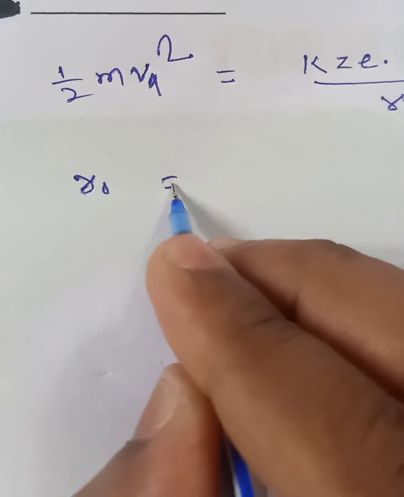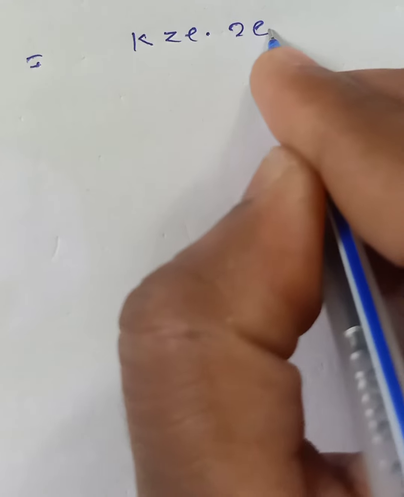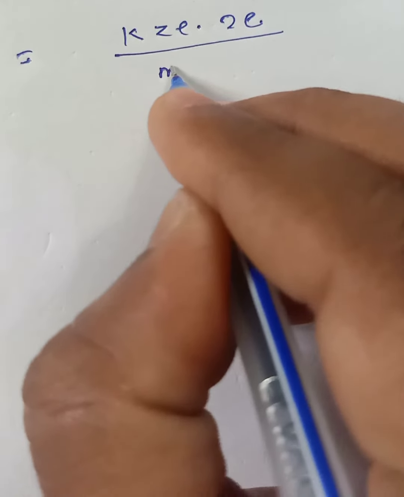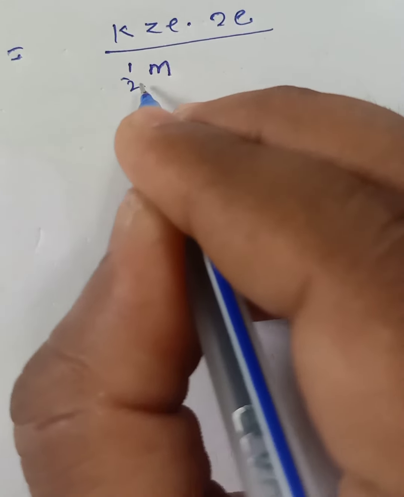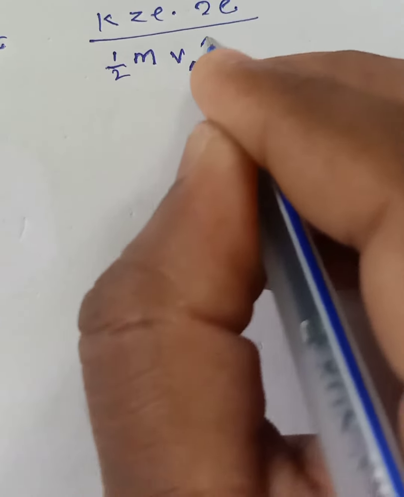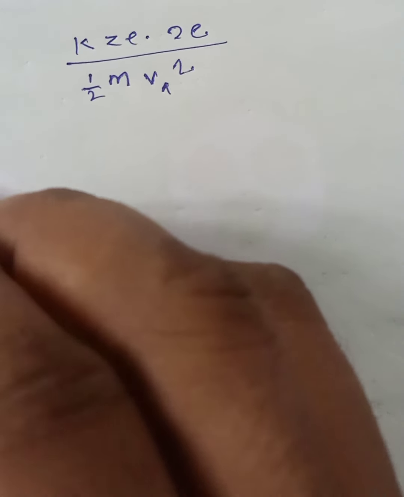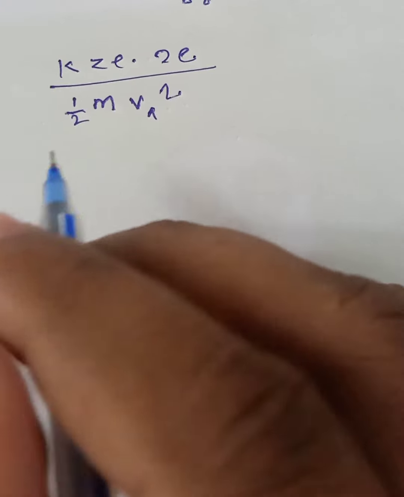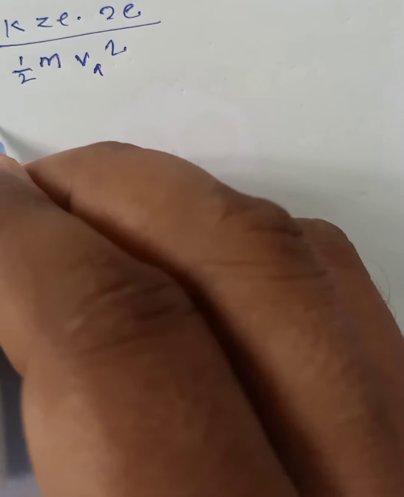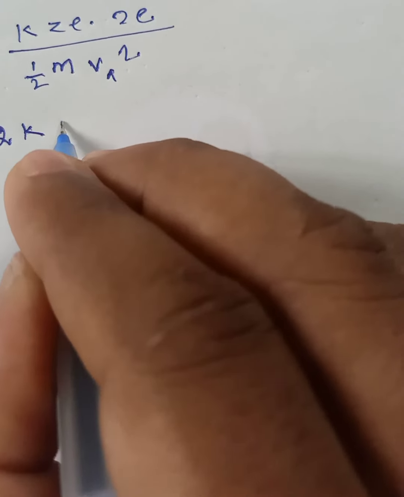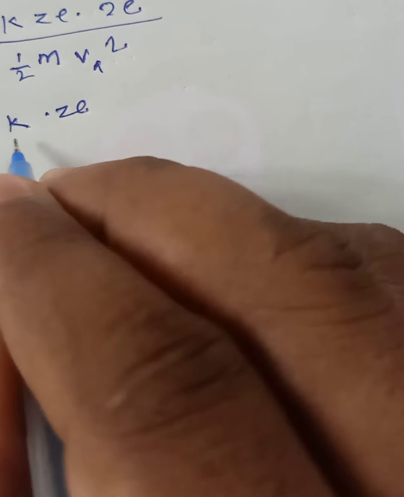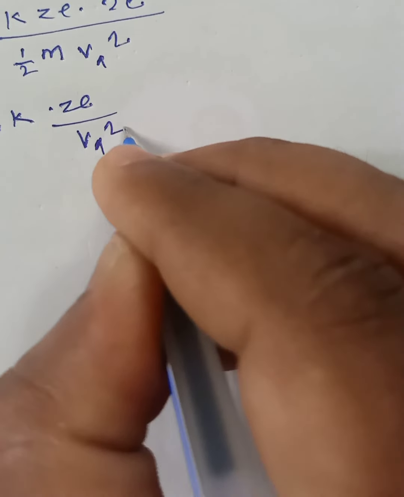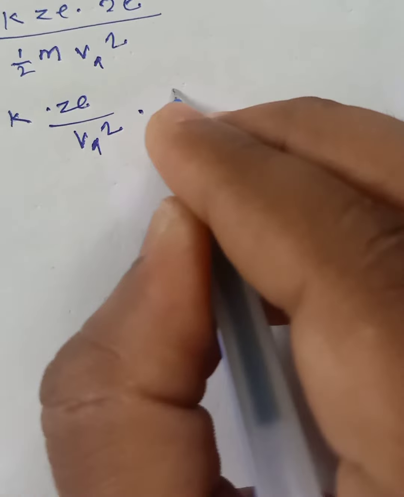So R0 equal to 2k Ze divided by v square into 2e by m.